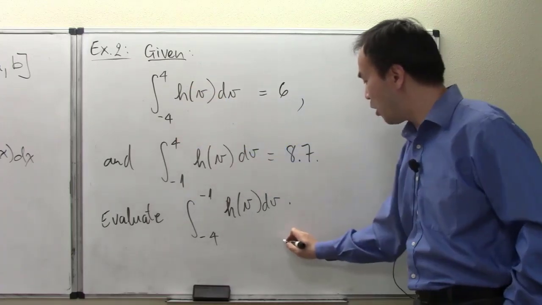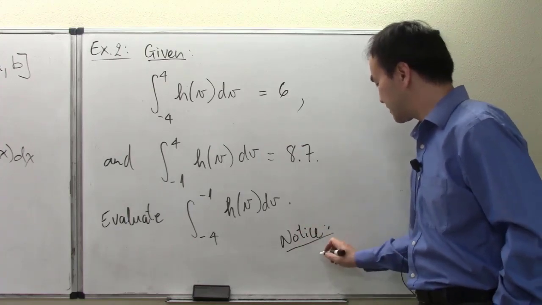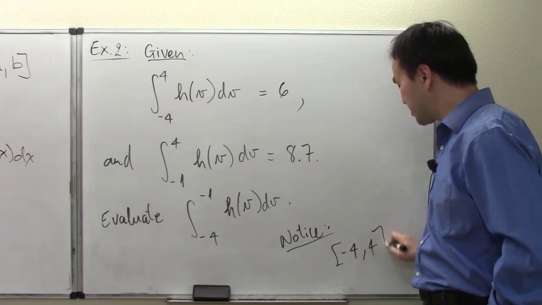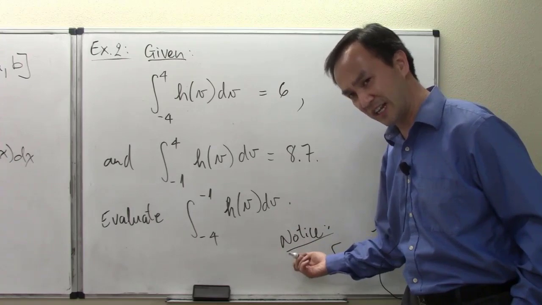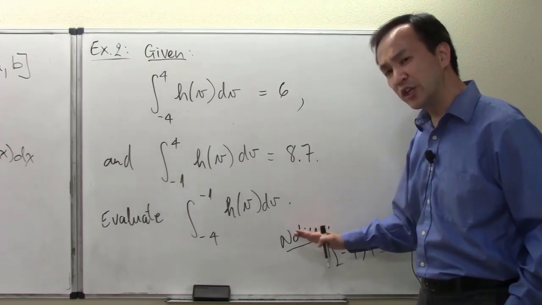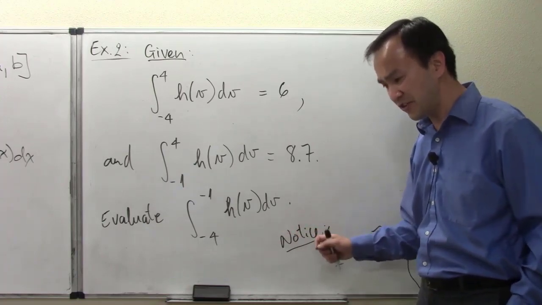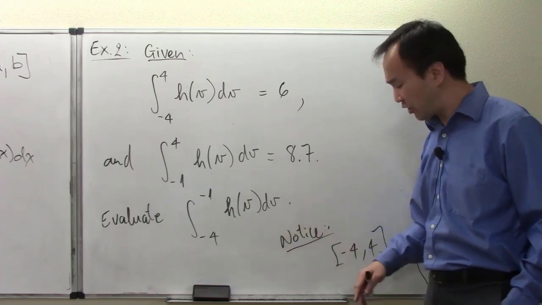What we notice here is that the interval given is from -4 to 4. And it's just my style as the instructor that explains here, so allow me to write all of these down. But when you're actually doing the work, this part when you notice is just to trigger your observation, but you don't have to write this down on your paper. It's good that you write it down, but it's not required.